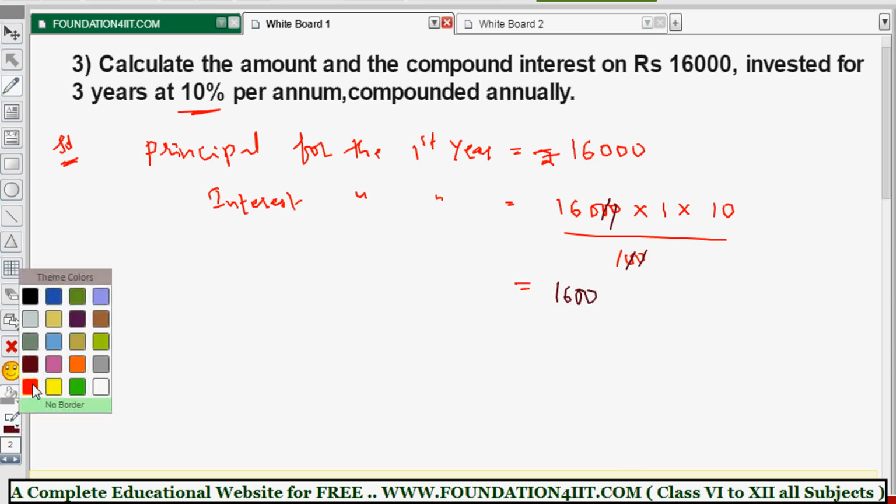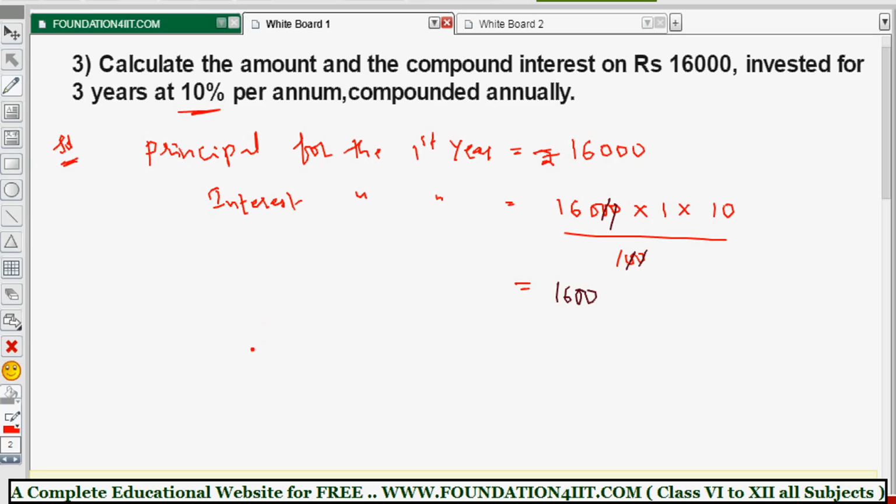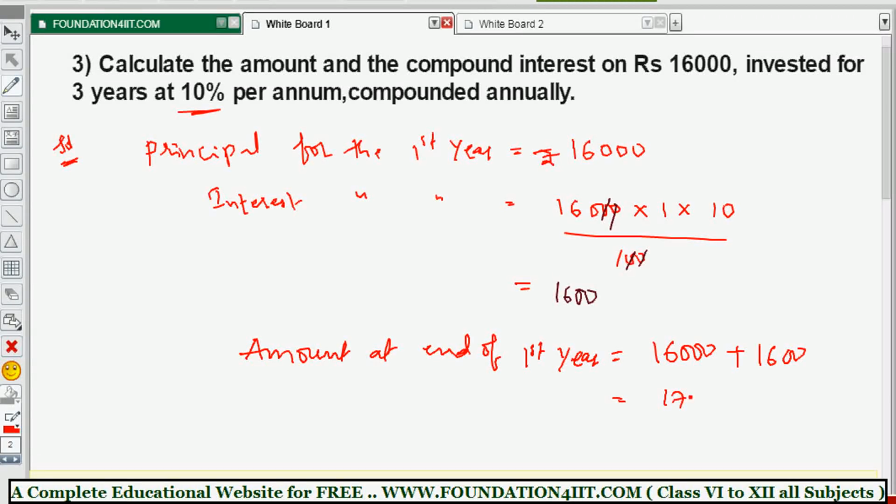Then similarly, after getting interest, we'll find out the amount at the end of the first year. So amount at end of first year is 16,000 principal plus 1600 interest. Now totally 17,600. This is the amount at the end of the first year.